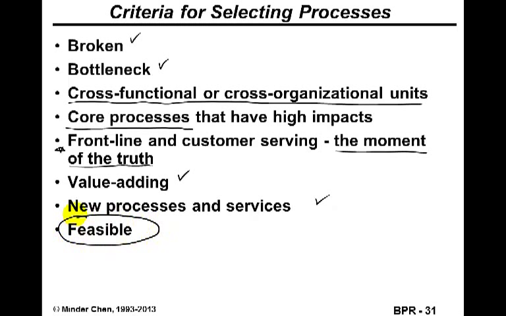consider picking the business processes that are feasible. And certainly we want to pick very challenging projects which will have great rewards, but at the same time, for a re-engineering project, sometimes it's worthwhile to pick the low-hanging fruit in order to build up some successful cases.